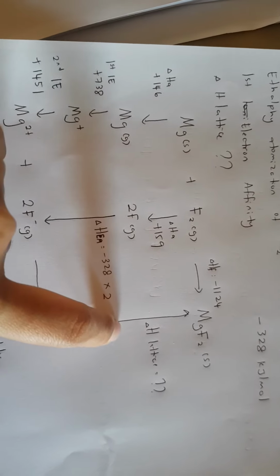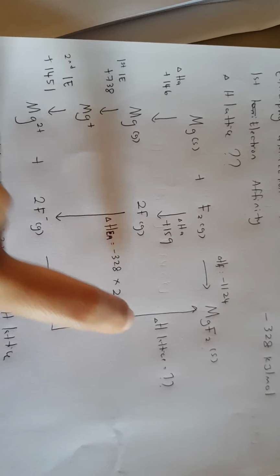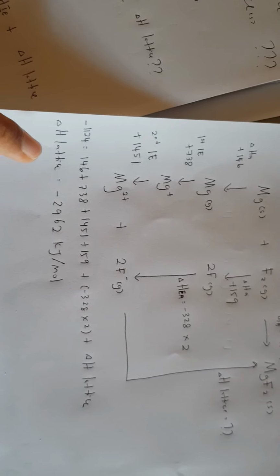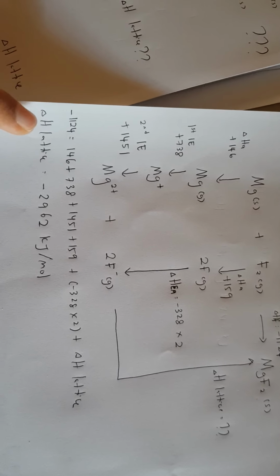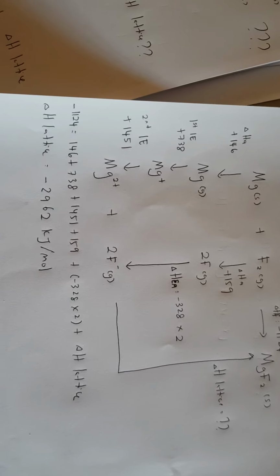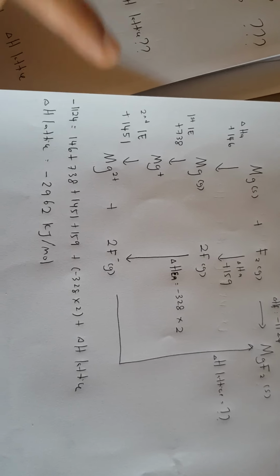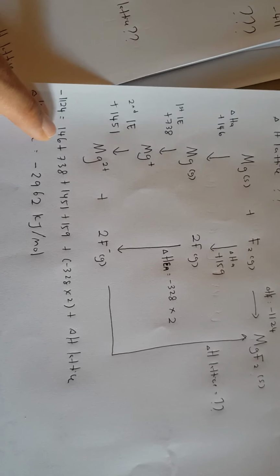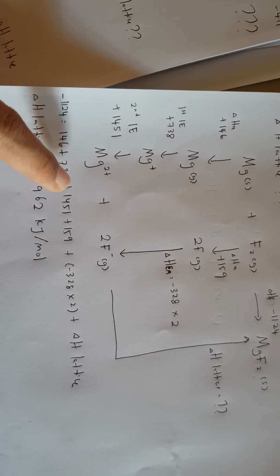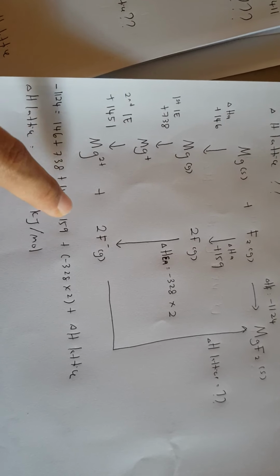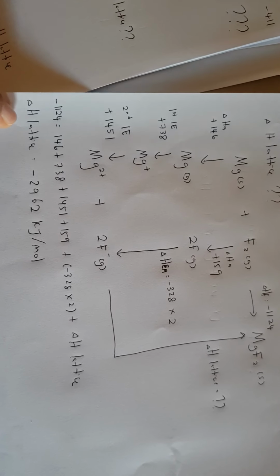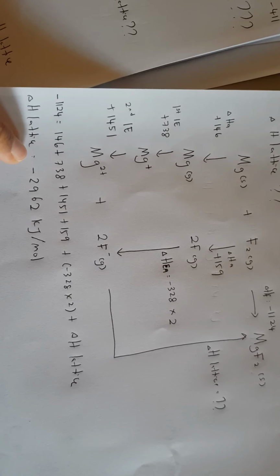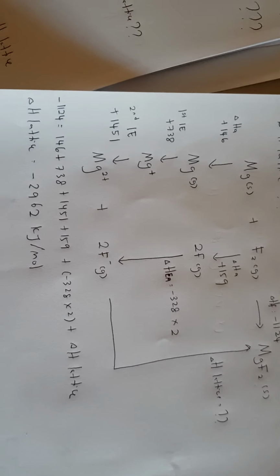And same, we need to calculate the delta H of the lattice using this formula. Delta H formation is equal to delta H of atomization, ionization energy, electron affinity, and lattice. So you can calculate the delta H of lattice is equal to negative 2962 kJ per mole.